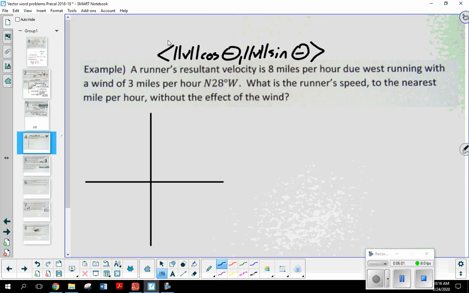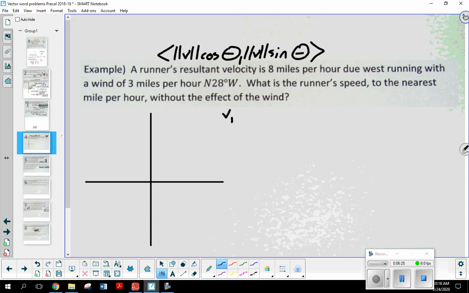So whether we're going clockwise or counterclockwise, we always start from the positive x-axis for this angle theta. Now let's think about this. We've got two vectors, and we want to end up with a resultant. Well, the reason this problem is different is because you're provided the resultant. So we want to work backwards and figure out exactly what one of the original vectors is.